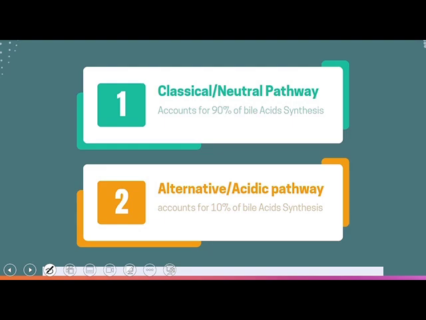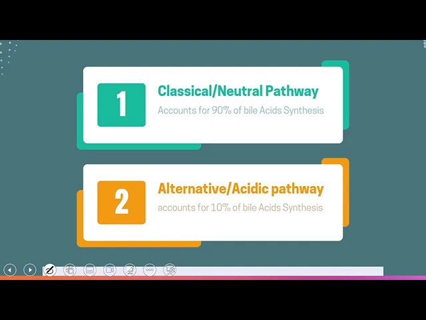So we know that the cholesterol is absorbed from our small intestine and then gets circulated to the various tissues and organs of the systemic circulation. And we know when it reaches the liver, first it gets accumulated in the cytosol of the hepatocytes.